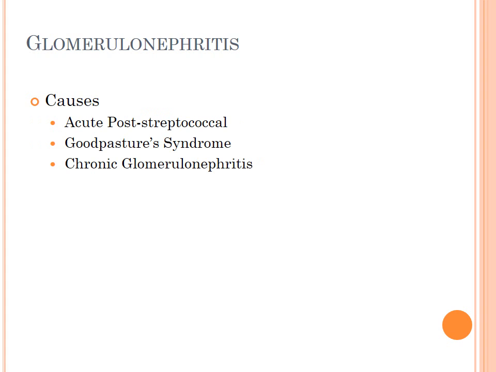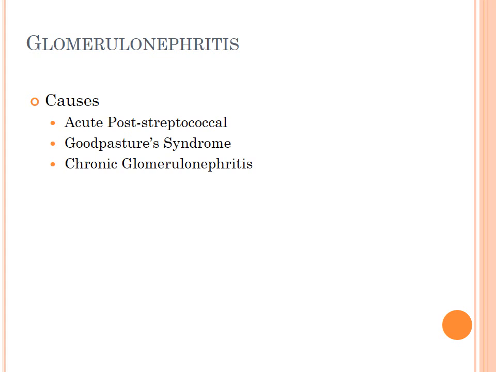So causes: it can be post-strep, so skin or strep throat. Goodpasture syndrome is an autoimmune response where the body goes after the basement membrane. Chronic glomerulonephritis is when somebody has years of inflammatory disease.